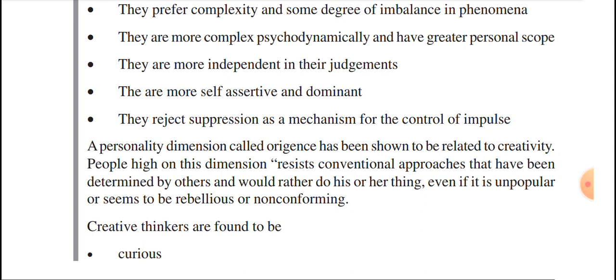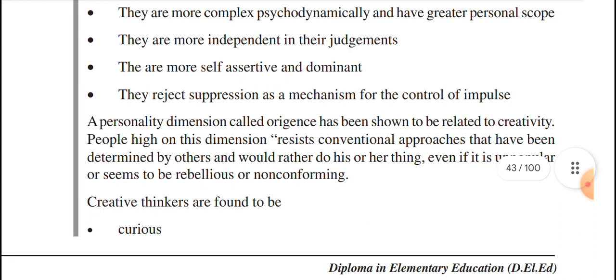A personality dimension called origence has been shown to be related to creativity. People high on this dimension resist conventional approaches that have been determined by others and would rather do their own thing, even if it is unpopular, seeming to be rebellious or non conforming.